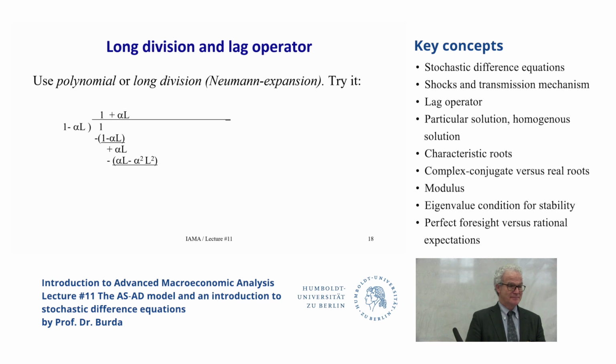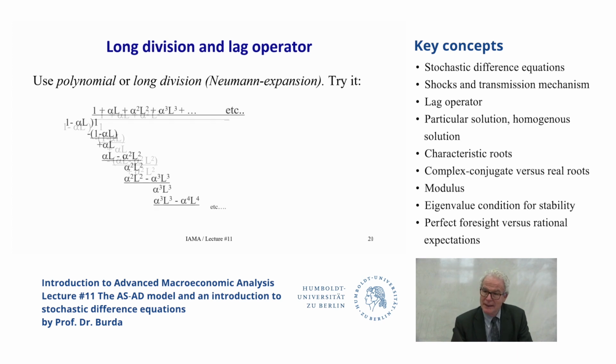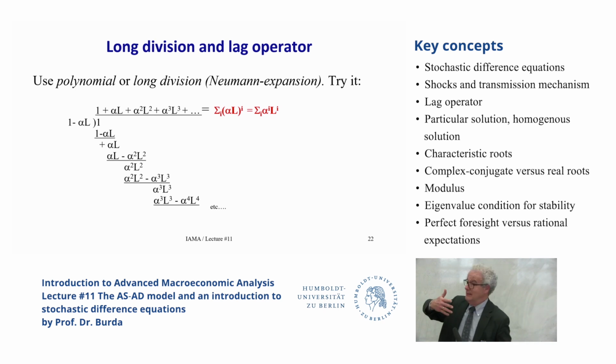Alpha L. Subtract alpha L minus alpha squared L squared from that. So you eliminate the leading term and you get alpha squared L squared. Repeat, repeat, repeat. You get the same type of lag dependence as far back as you want to go back, but it's an infinite geometric moving average of these shocks.